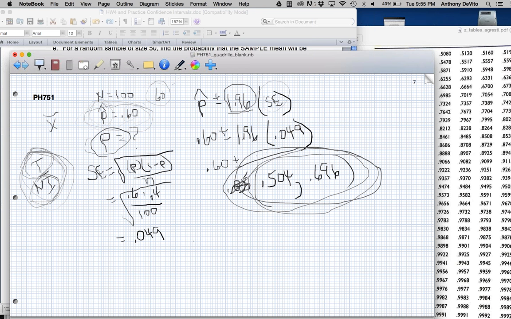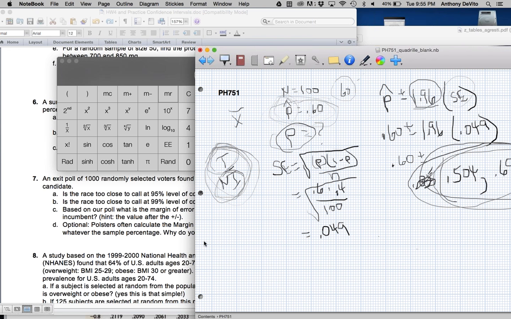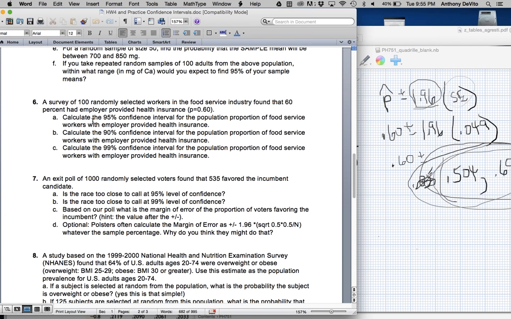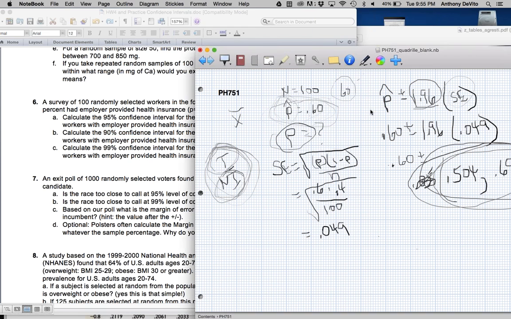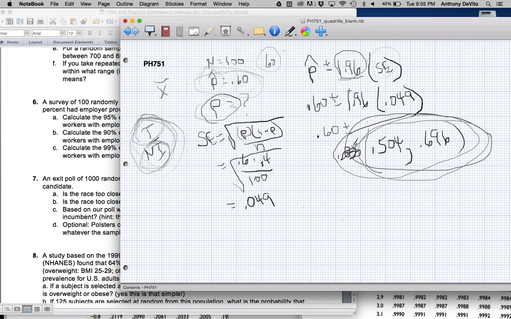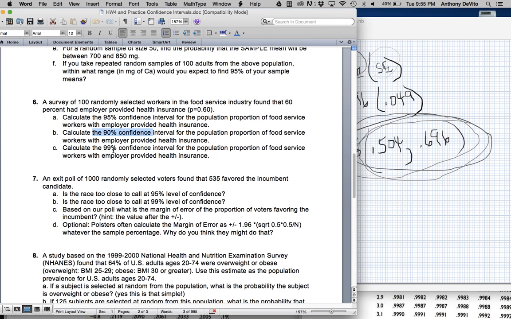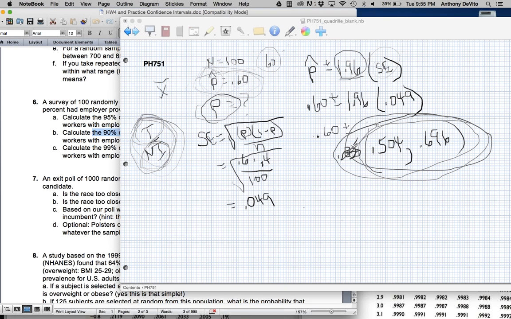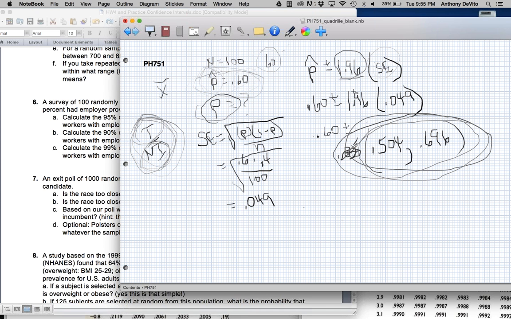Okay, and that's how we work with our proportions, with the proportion being our point estimate instead of our mean. Now, of course, if we were working with a 90%, instead of using 1.96 here, we would use 1.64. And if we wanted a 99% confidence interval, we use 2.58 here, right?